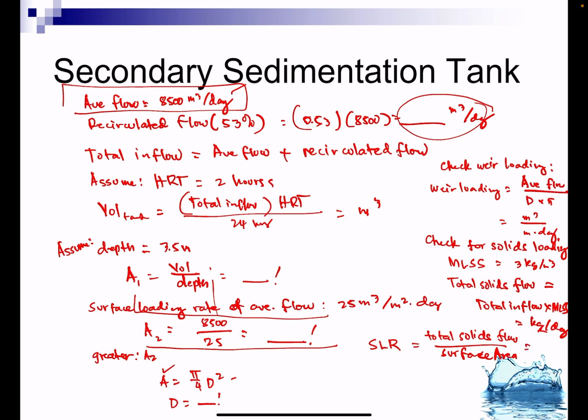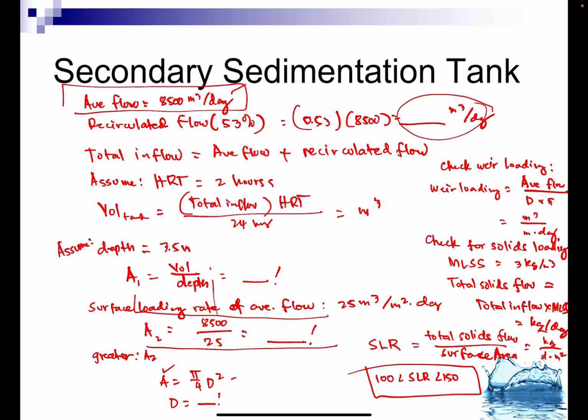So you get your SLR, or solids loading rate, in kilogram per day per meter squared. Now, the range should be from 100 to 150. It should be in between 100 to 150 kilogram per day per meter squared.